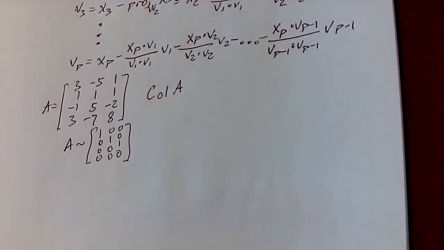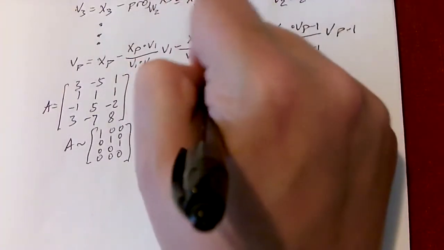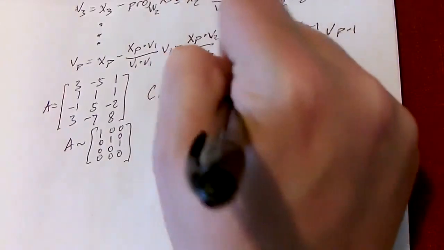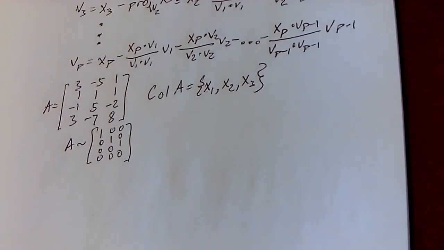A row reduces to that. So I'm going to name these vectors x1, x2, and x3. It's always good to make sure the vectors are actually independent when you start, because if they're not independent, then you no longer have a basis. So you can't apply the Gram-Schmidt process to something that is not a basis.